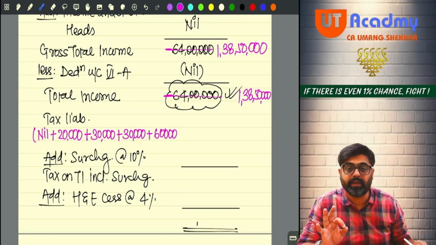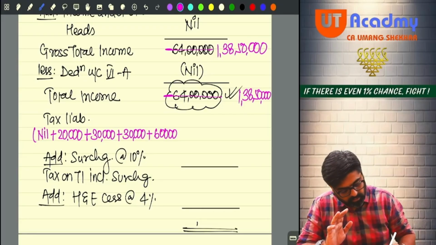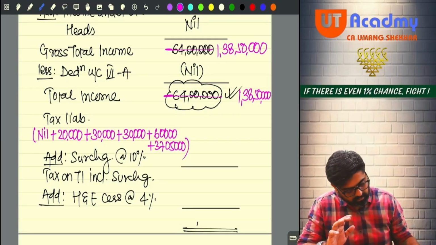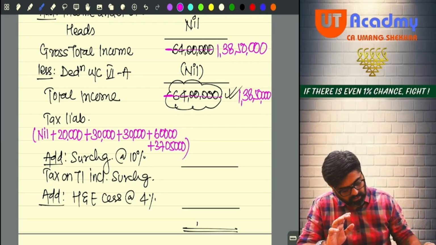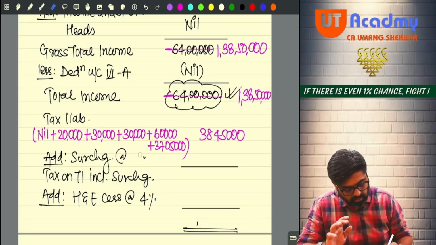Now how much is the total income over and above 15 lakhs? It is 1 crore 23,50,000. On that you will apply 30%. So this will be 37,05,000. Now add 37,05,000, 60,000, 30,000, again 30,000, again 20,000. You are going to get 38,45,000. Now the rate of surcharge here will not be 10%.